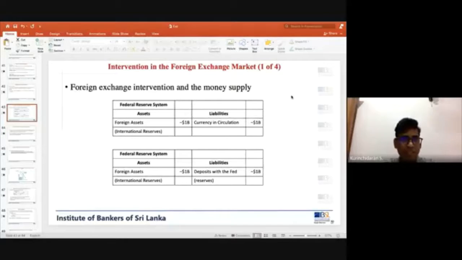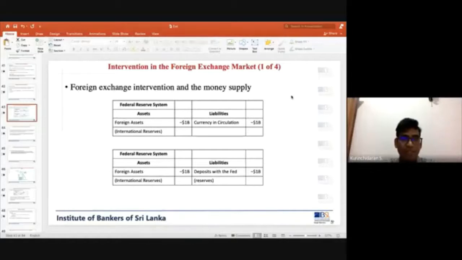The first thing we are looking at is how a central bank, through its activities, can change the foreign exchange rate. Now the first one, foreign exchange intervention and the money supply, right?